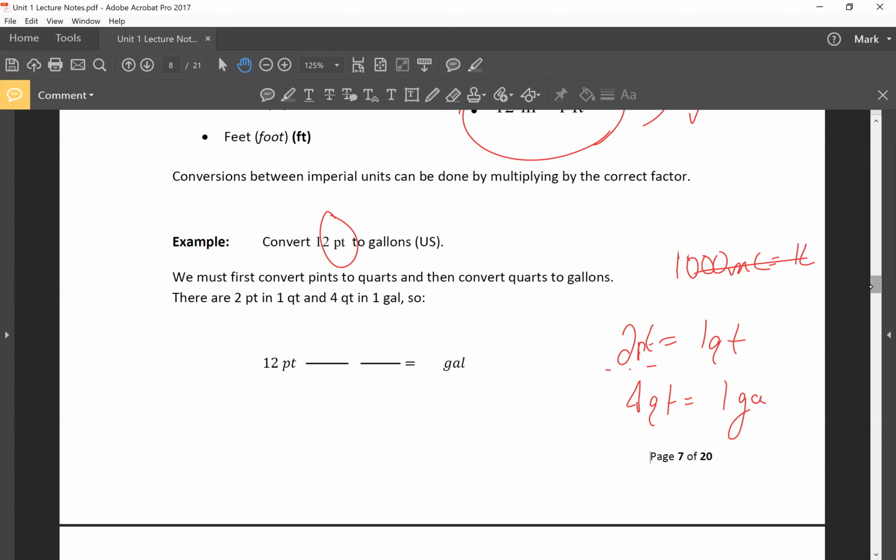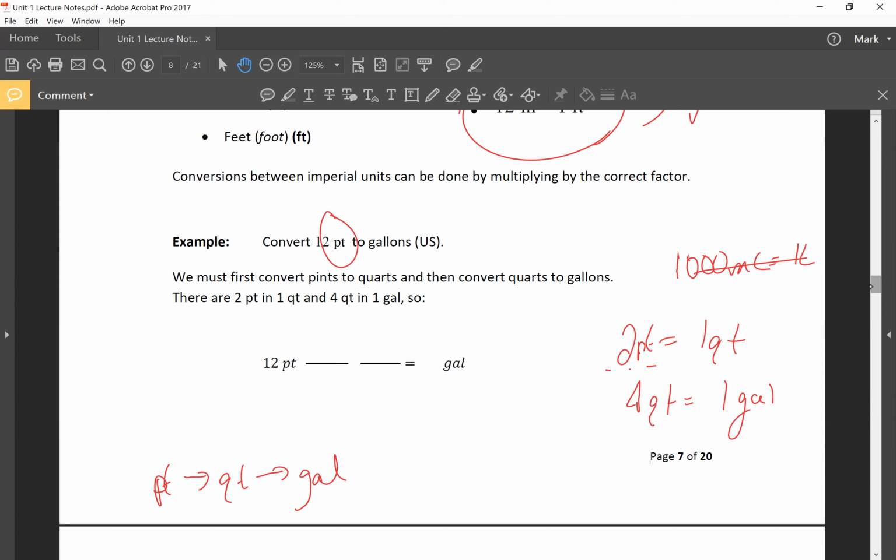Or actually, gallon is GAL because G is grams. Okay, so first things first, if you're really good, you could do this in one step, but basically I want to go from pints to quarts to gallons, 3 steps.